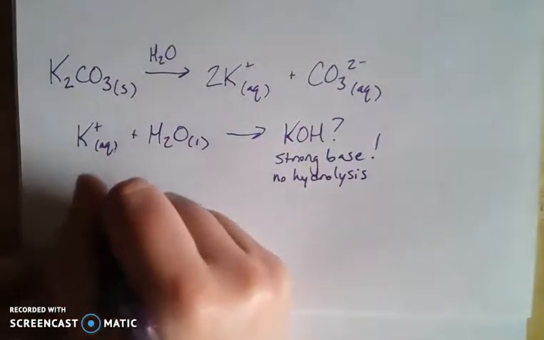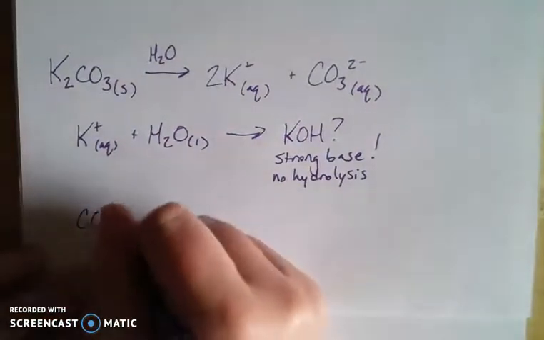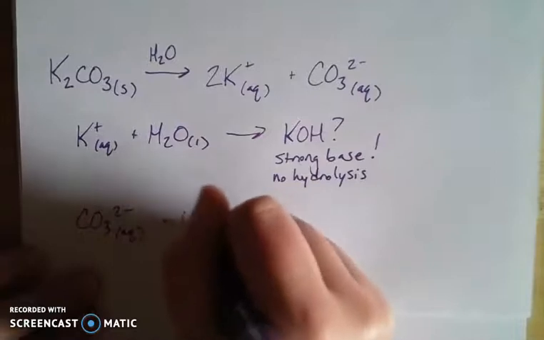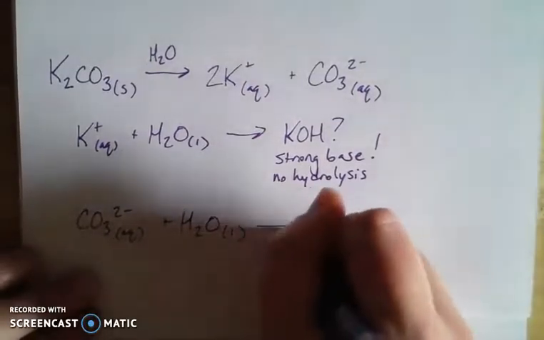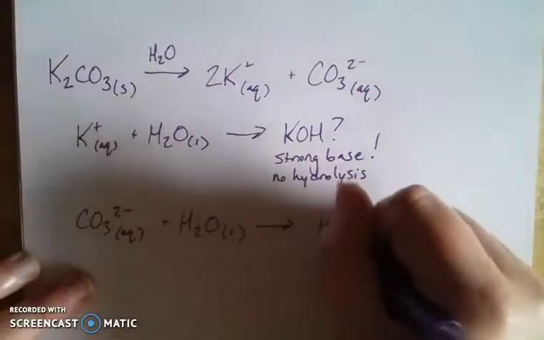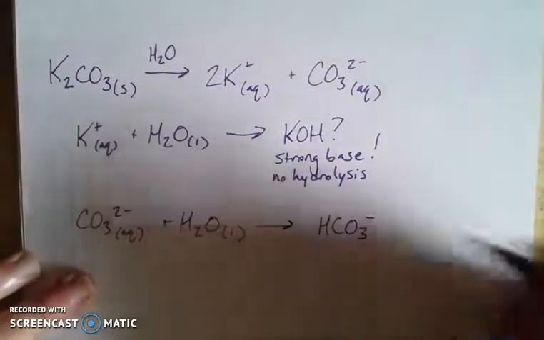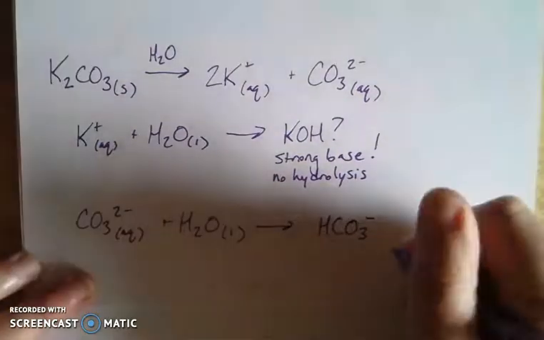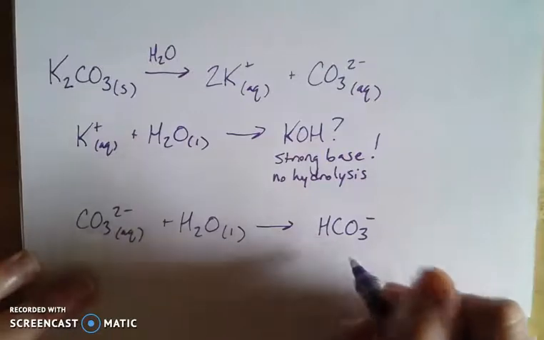Let's look at the carbonate. When I put carbonate in water, then the carbonate is a negative ion. It's an anion, so it's going to want to take the hydrogen. So we'd have this guy if we took the hydrogen. So this is called the bicarbonate ion, or the hydrogen carbonate ion.